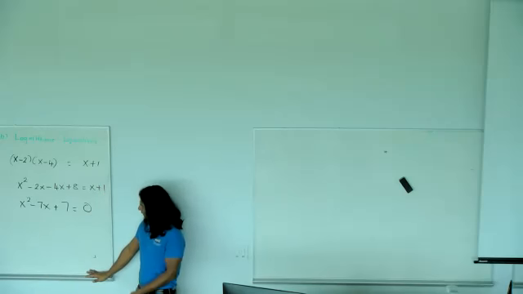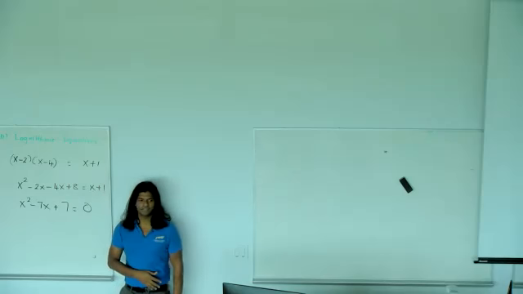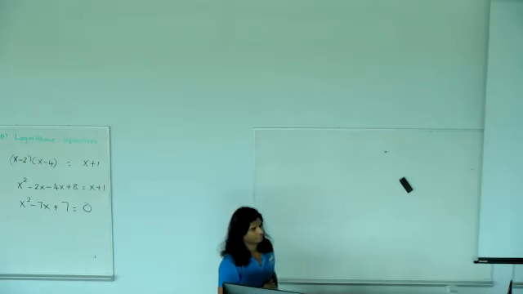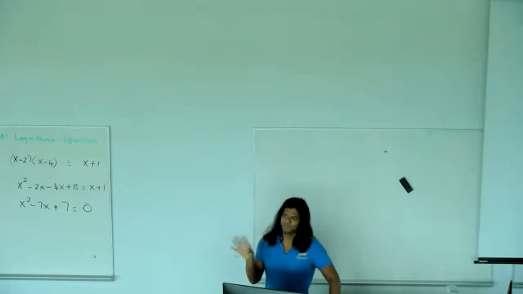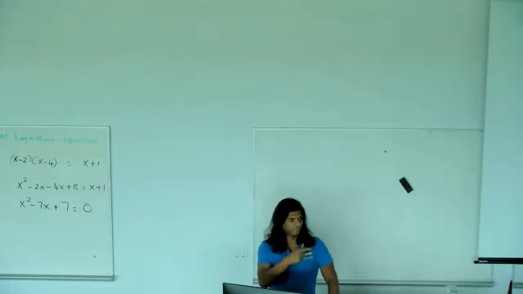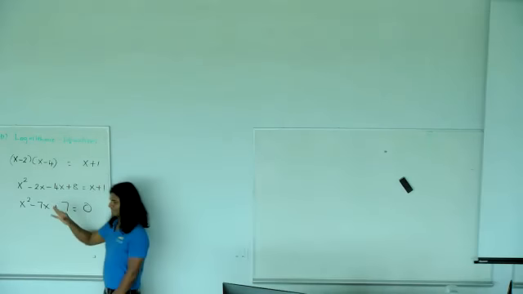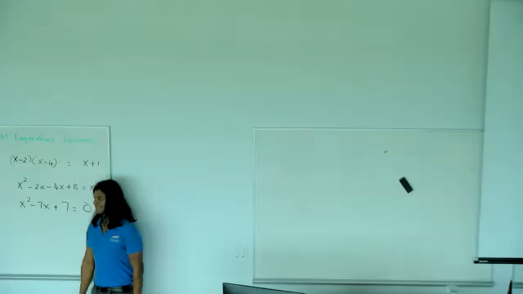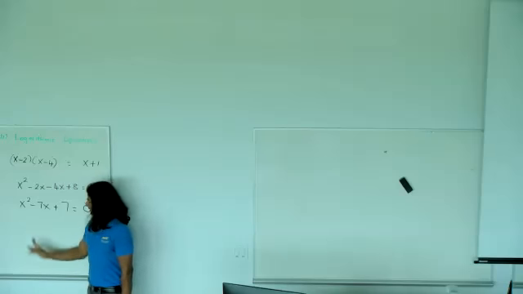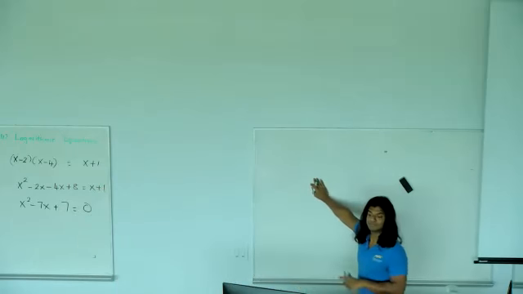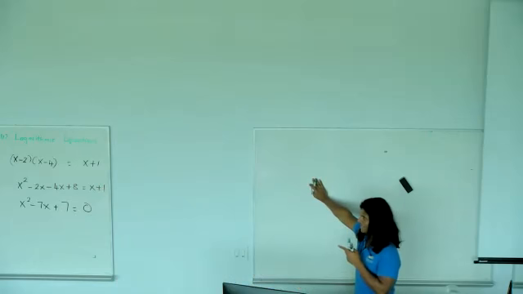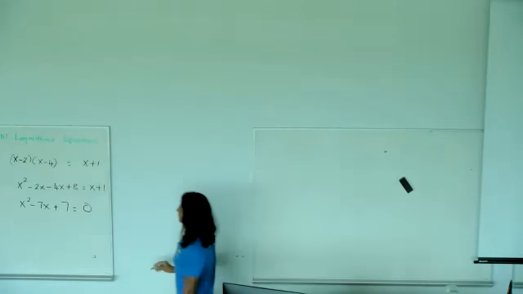No. So if you observe that it is a quadratic function, how do we solve it? Factoring is the easier way, but can we factor this? No. So the quadratic formula, where a is 1, b is -7, c is 7.